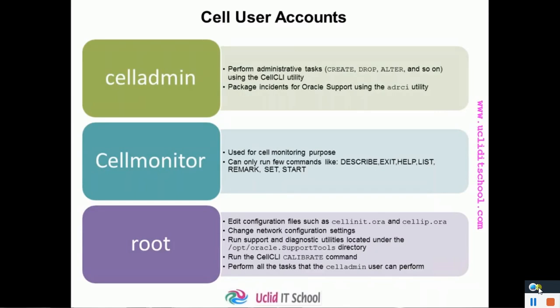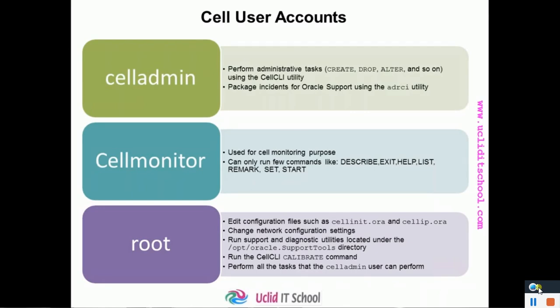Then you have the Linux account, the root account, as the standard account. With the root account, you manage some cell configuration files. Each cell has some configuration files in the form of cell_init.ora and cell_ip.ora. Whenever you want to edit the cell configuration, that should be done as root user.